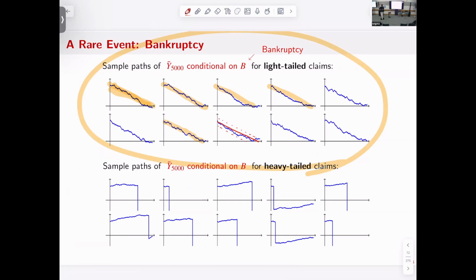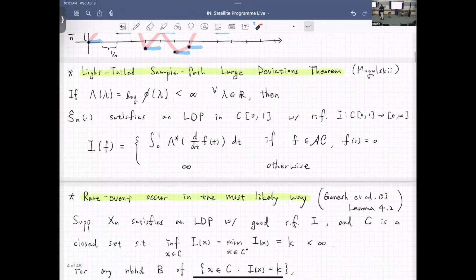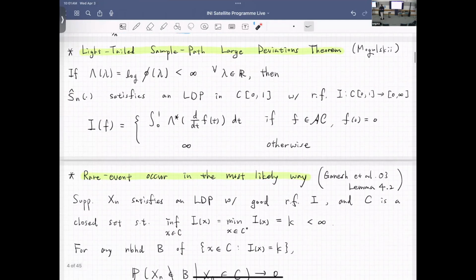So this straight line is from the starting point to the end of the time horizon. Yes. All right, okay, I hope this is a little bit more clear. So C is the bankruptcy event in this case.